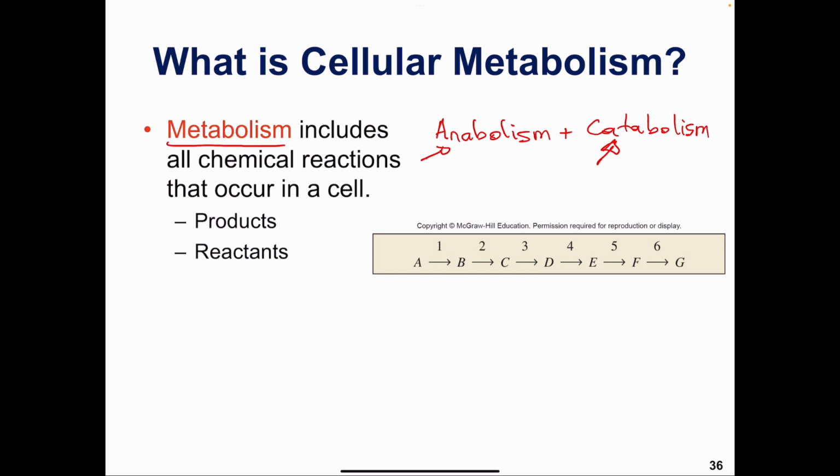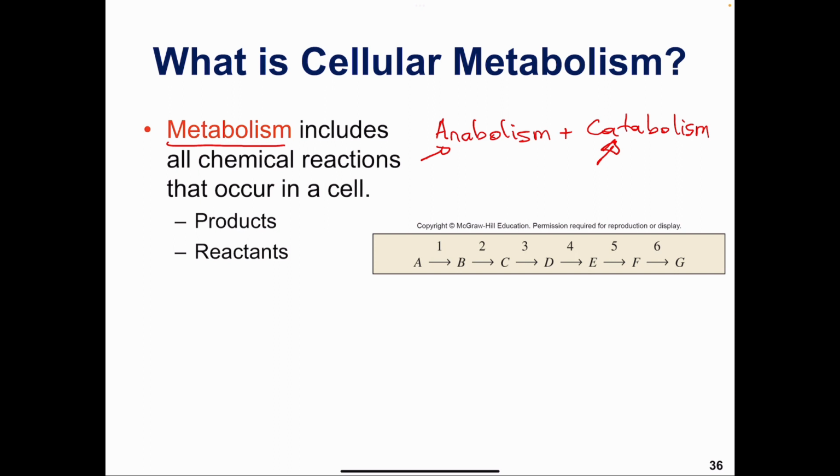These reactions of synthesis and breaking down hardly happen in one single step. These reactions happen in a multiple step type of way of doing things. It's a process. That process is going to involve steps.